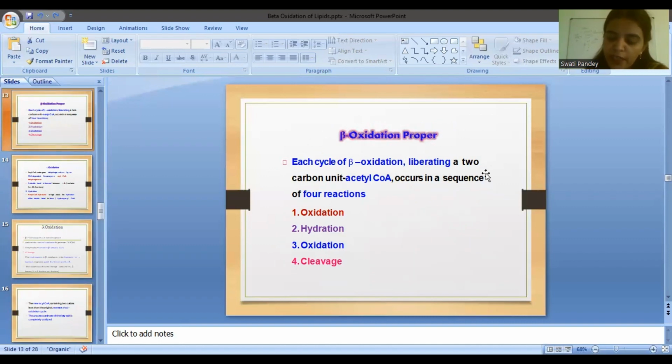So as we are taking an example of palmitic acid, we know that palmitic acid is a 16 carbon compound. In the first cycle of the beta oxidation proper, it will remove an acetyl coenzyme A. In the second cycle, again it will liberate an acetyl coenzyme A. Likewise, for one molecule of palmitic acid to completely metabolize, it will need 7 cycles of this beta oxidation proper to produce 8 acetyl coenzyme A molecules.